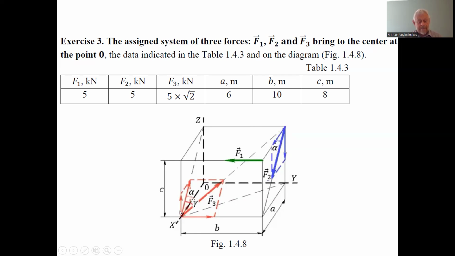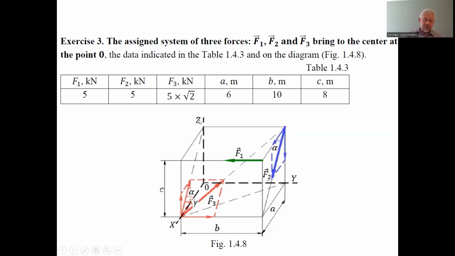So we have only this one. F3 magnitude multiplied by cosine gamma and multiplied by sine alpha, and this is a negative moment relative to the y-axis because it rotates clockwise.